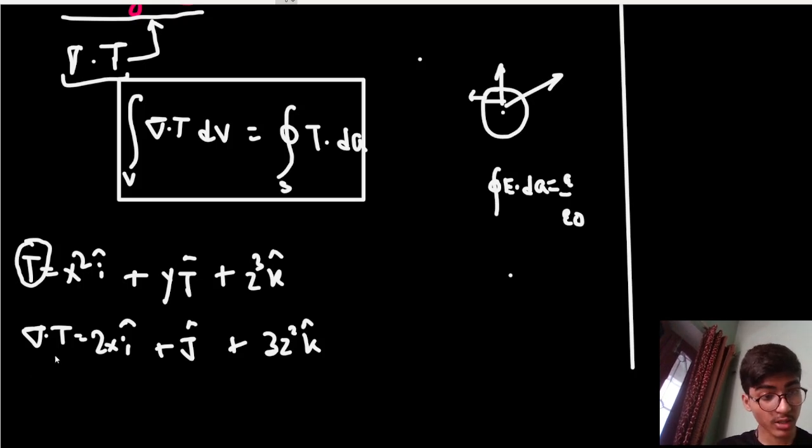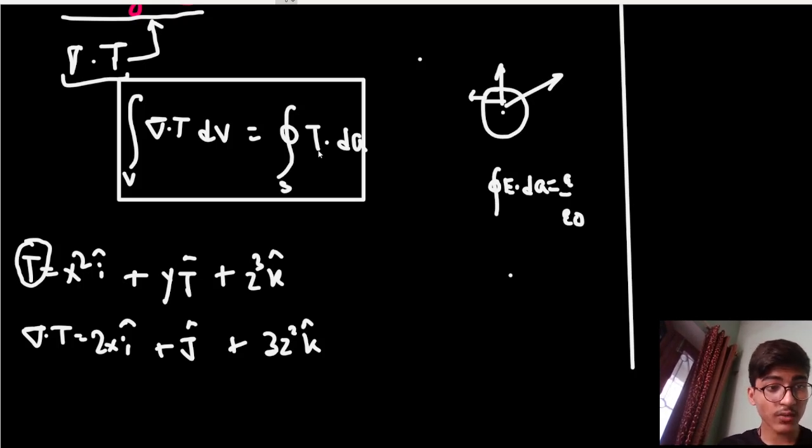You can put this divergence in this equation and take the volume integral. Another method is that, without taking the divergence, you put the value of this T vector in this equation and take the closed surface integral. So this is what is generally called the fundamental theorem for the divergence.